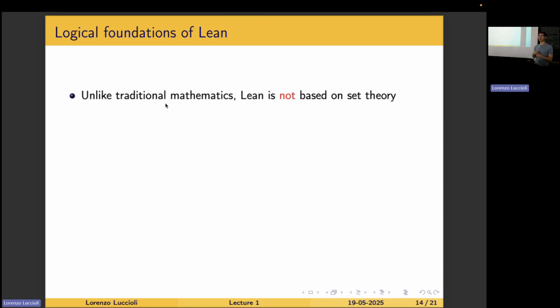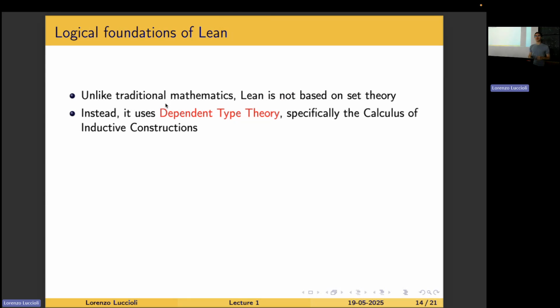Okay, so let's talk a little bit about the logical foundation of Lean. I mentioned before that Mizar, the first theorem prover, was based on some axiomatization of set theory. Now, more modern interactive theorem provers tend to be founded not on set theory, but on type theory.